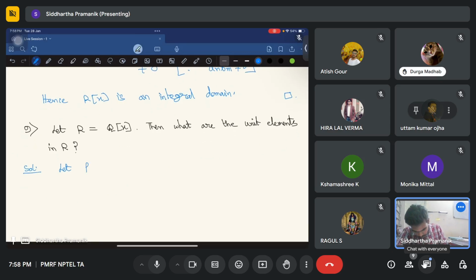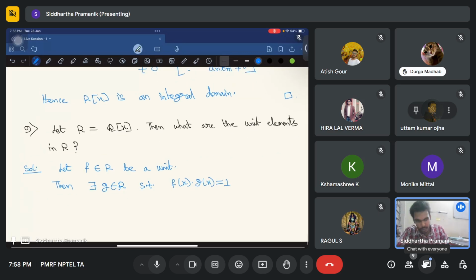So let f belong to R be a unit. Then by definition, there exists another element g such that the product of these two polynomials is 1.